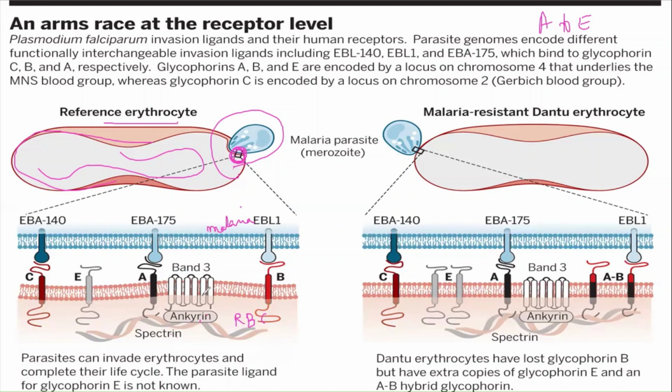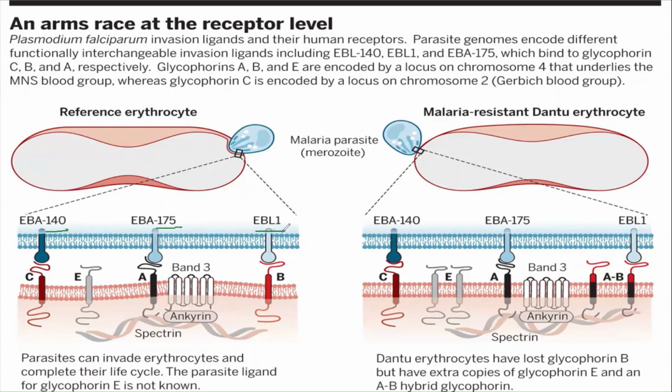Now here if you see, we have got 4 types of glycophorin: A, B, C, and E. Okay, D they have not shown. Now look carefully. So EBA 140, 175, and EBL1.